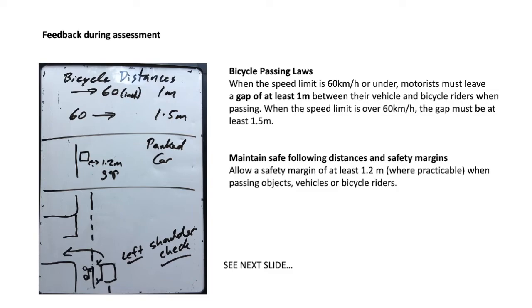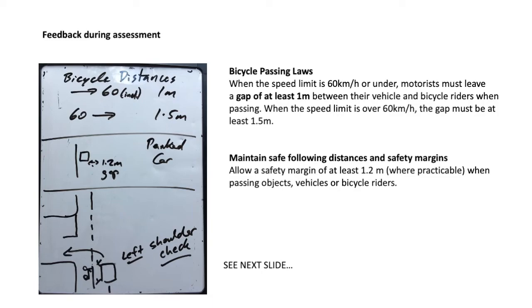And as we went along, we had a bicycle rider on our left, and I asked the question about what distance we should be leaving. And there was a little bit of confusion from the student. So I wrote down the answer on the whiteboard, didn't really make a big deal of it. Then I asked about the safe distance between us and a parked vehicle on the side of the road. The student wasn't really sure of that one, so I wrote that down just as my own reference.